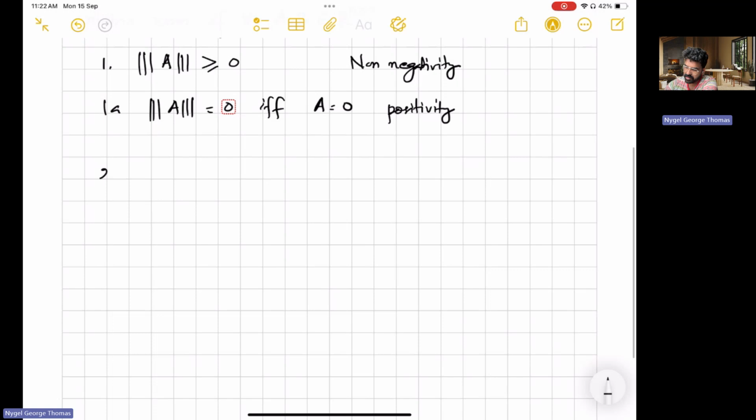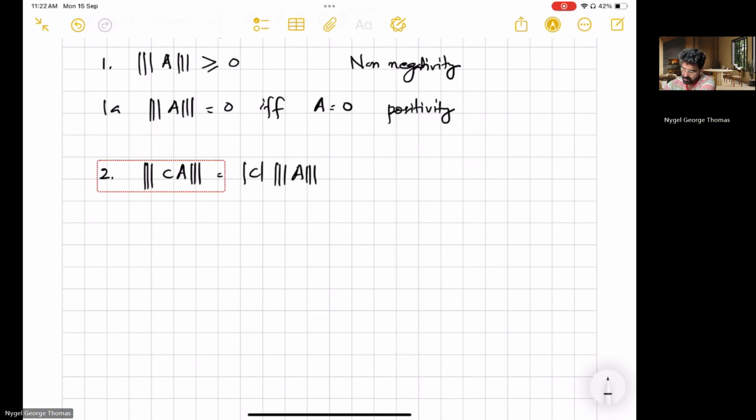The next property is the homogeneity property. So we have norm of C times A equal to modulus of C times the norm of matrix A, for all C belonging to the field. This is the homogeneity property.